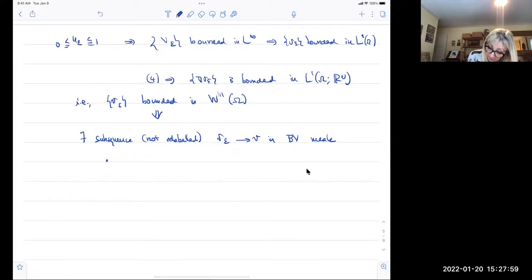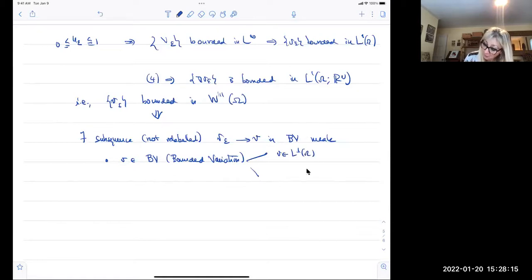First, that the function v is a function of bounded variation. And that means two things. One, that v is an L^1 function. And two, that the derivative of v in the sense of distributions is actually a Radon measure.